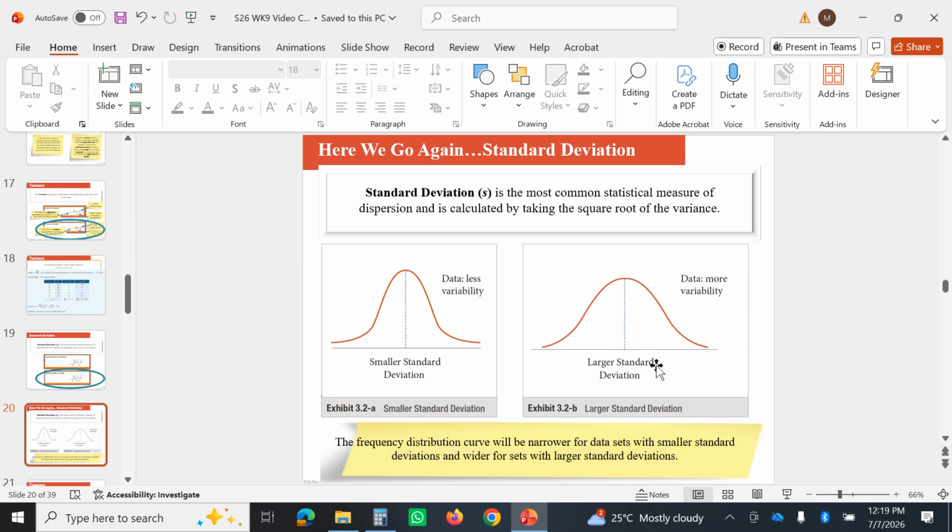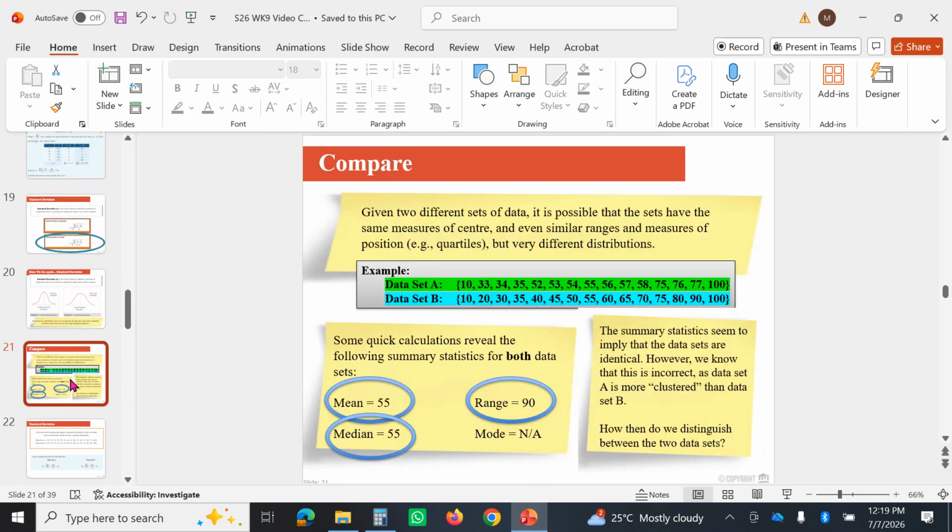So the people in this particular group are not thinking as aligned as the people in this graph, okay? The frequency distribution will be narrower for data sets with a smaller standard deviation and wider for sets with a larger standard deviation. Okay?